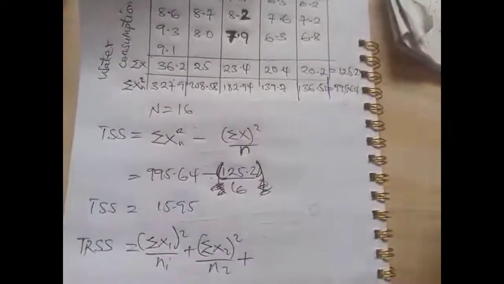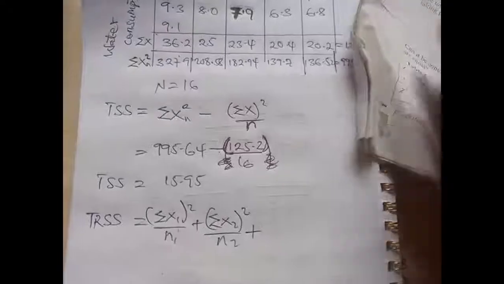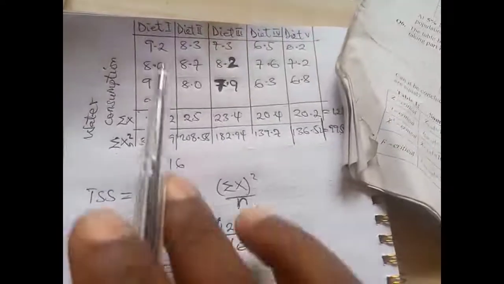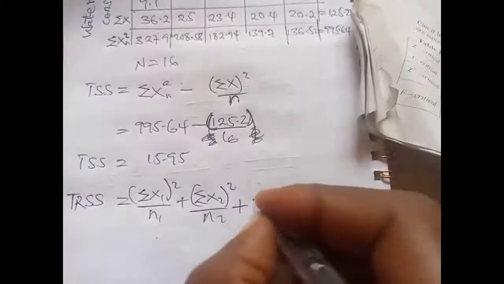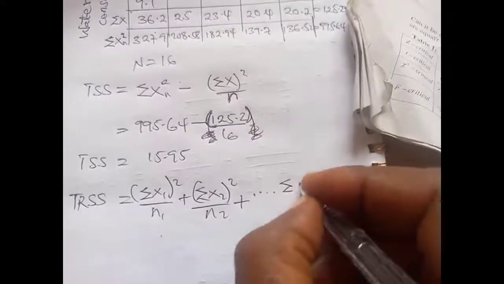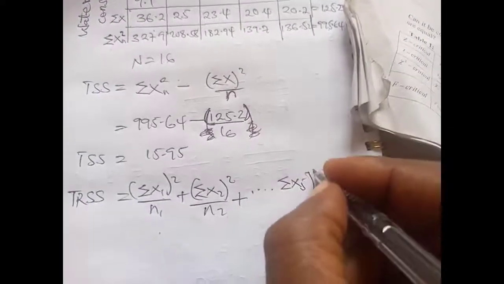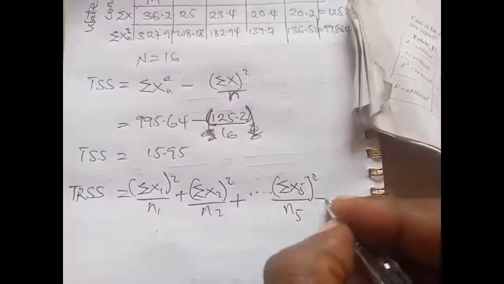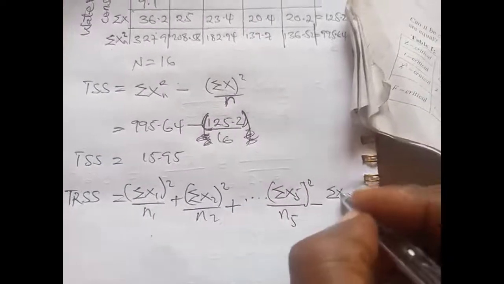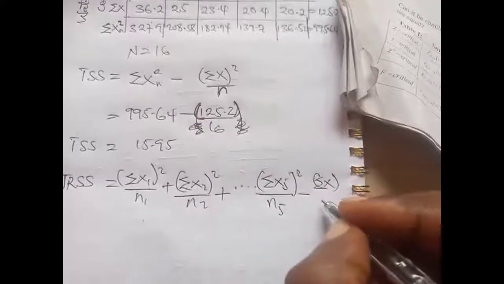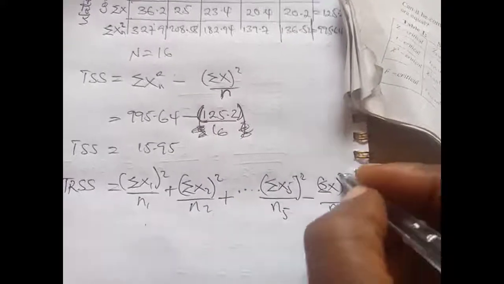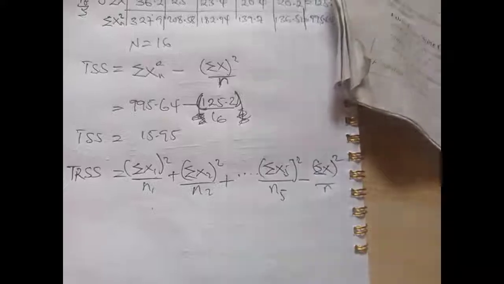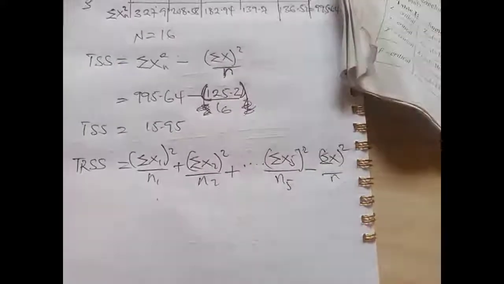We have 5 of them from the question here, which is 1, 2, 3, 4, 5. So we get to summation x5 all squared over n5, minus summation x all squared over n.